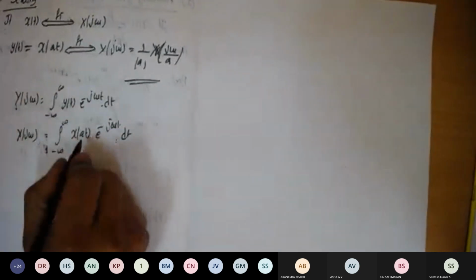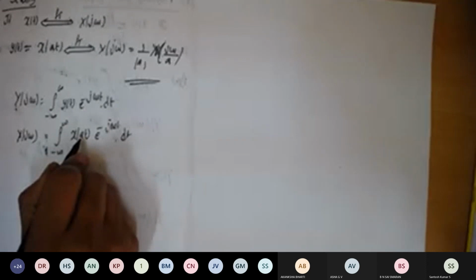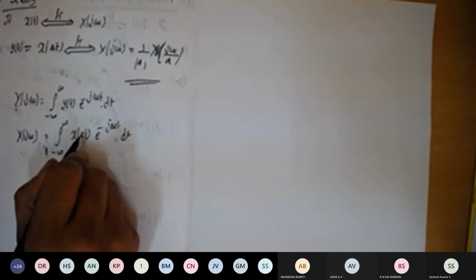Now only a single term should be there, not multiple terms. So I'm going to replace a into t with a variable called lambda. Let a t be equal to lambda.